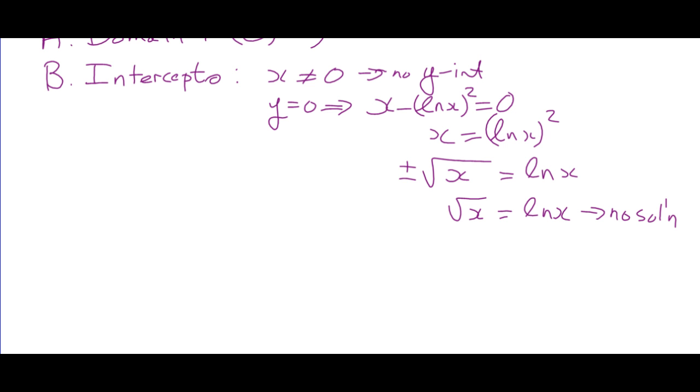And the negative root of x is equal to ln x is true when x is about 0.49. All right, so now we've used the useful information, and we've done the intercepts.